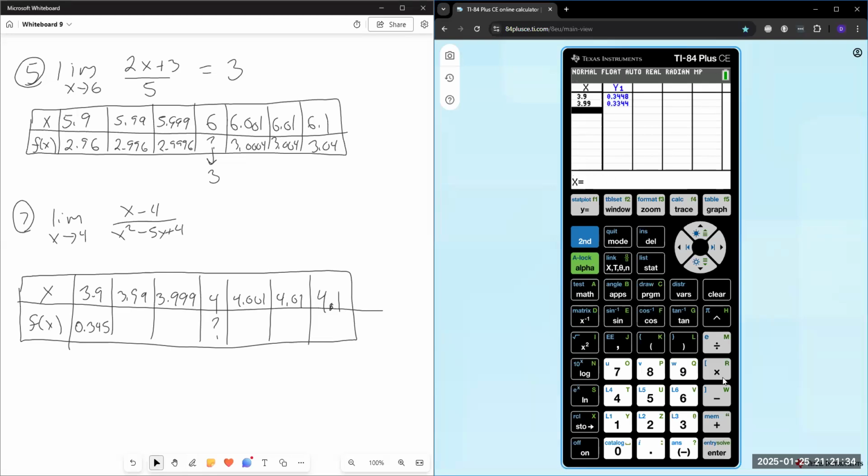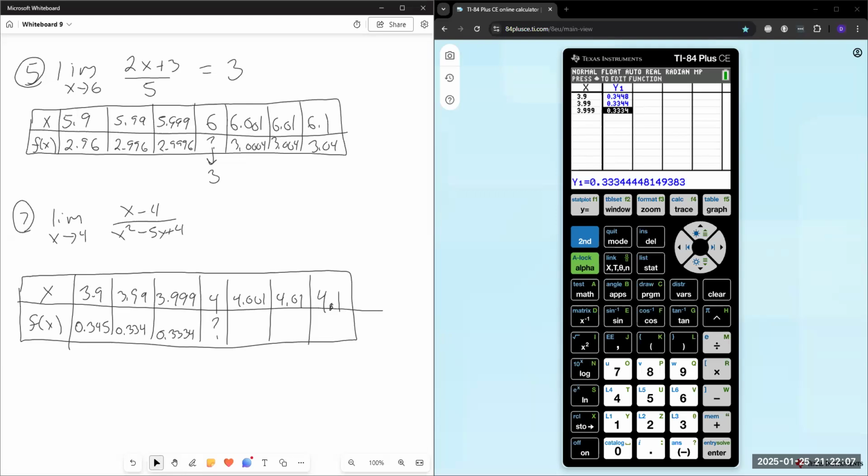3.99 is 0.334, 3.999 is 0.3334, and I have a suspicion what that's coming in on there.